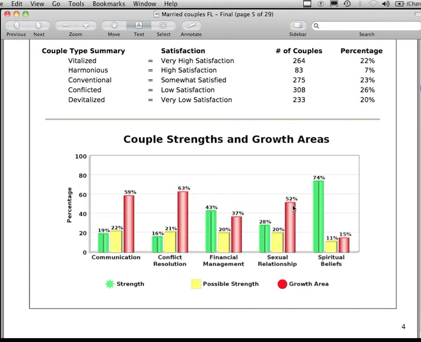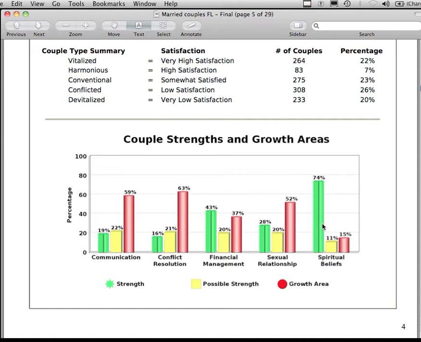We find that when couples are emotionally disconnected, if they can't communicate and can't resolve conflict, it's hard to foster a very connected physical relationship. So over half, 52%, rated their sexual relationship as struggling, and 28% found it a strength area.